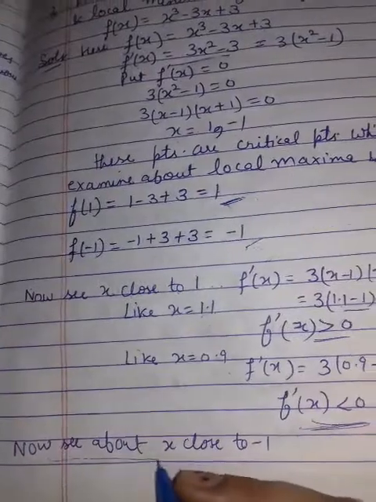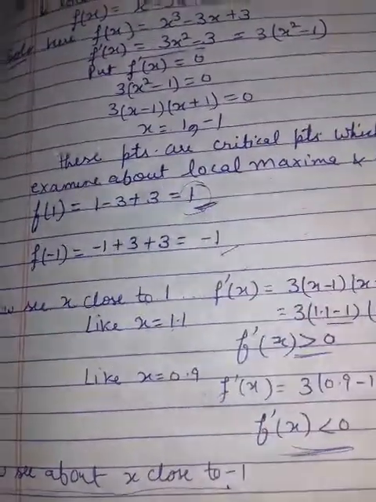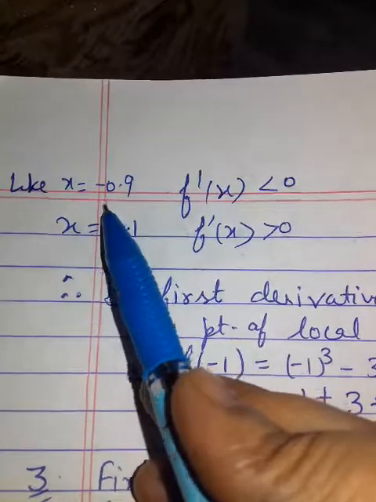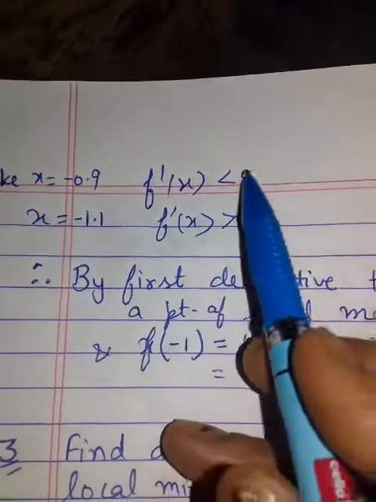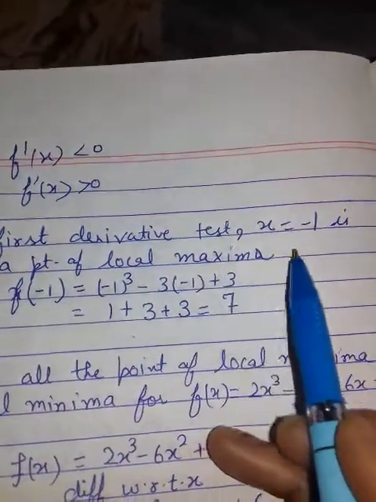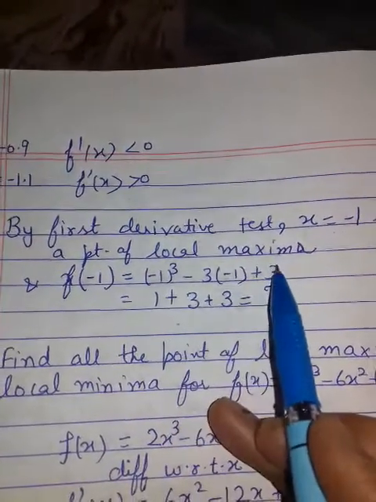Now see x close to minus 1. Again we take slightly less than minus 1, then slightly greater than minus 1. Then by the first derivative test, x equal to minus 1 is a point of local maxima.